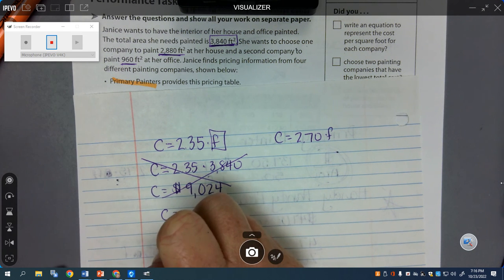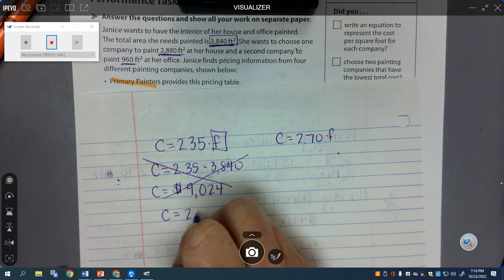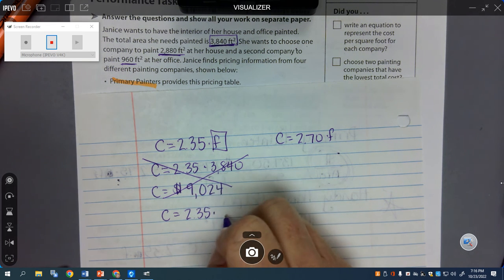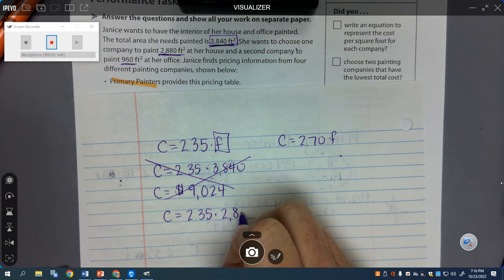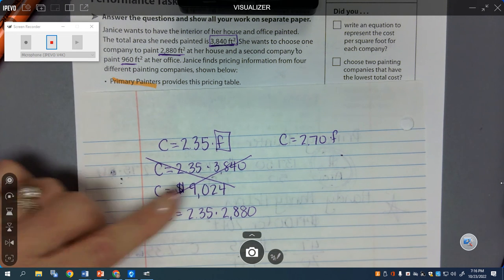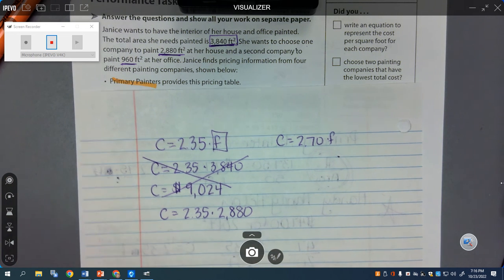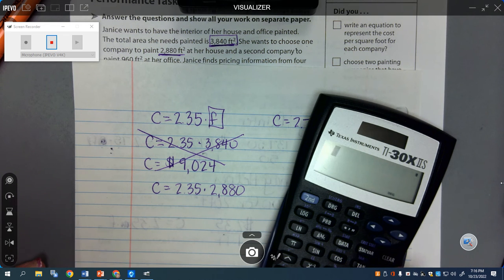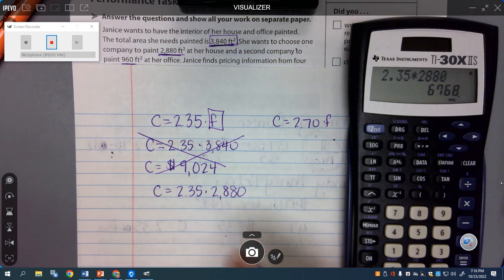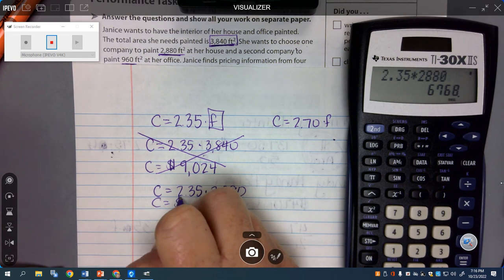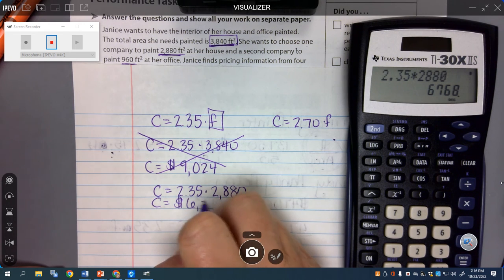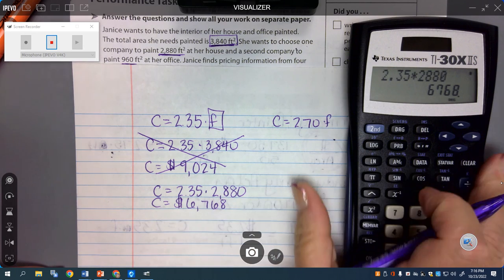So the cost to paint her house is $2.35, and this is the square footage of her house, 2,880. Sorry, I saw that and thought, whoa, that's a really big house. So let's find out what that area is. 2.35 times 2,880 comes out to be $6,768.